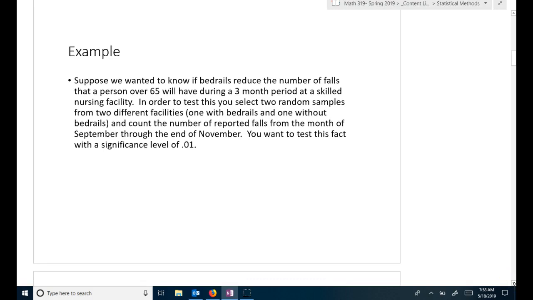One, you're going to test two random samples from two different facilities, one with bed rails and one without bed rails. So those are our categorical groups. Group one is the group with bed rails, and group two is the group without bed rails.